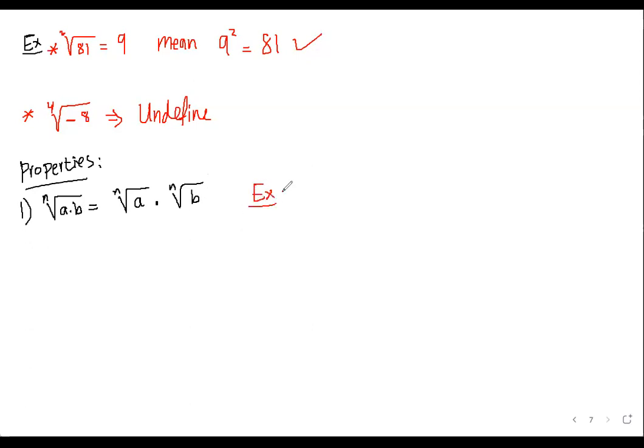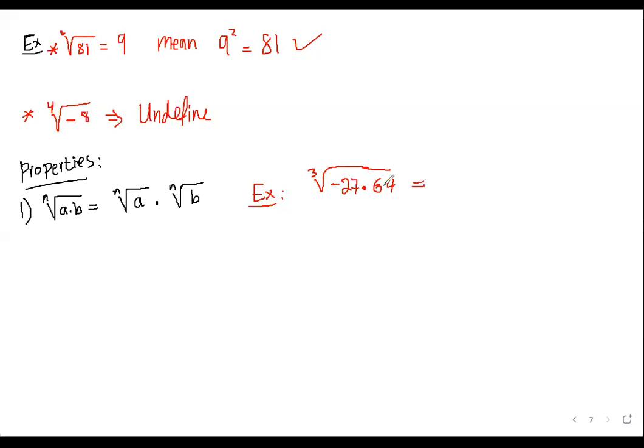For example, the third root of minus 27 times 64. Here the root is an odd number, so I don't care if the inside is positive or negative.